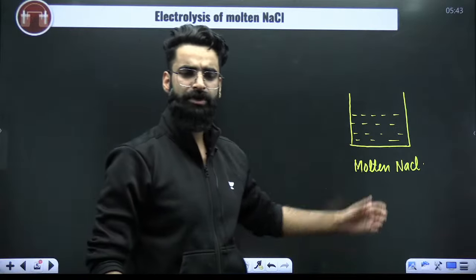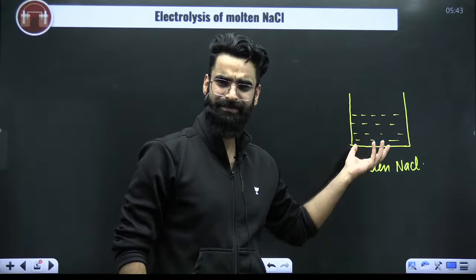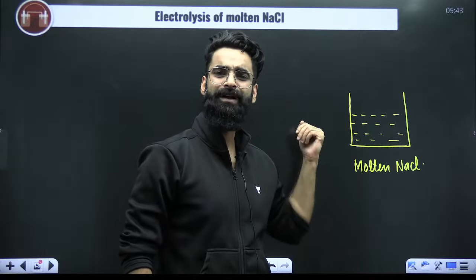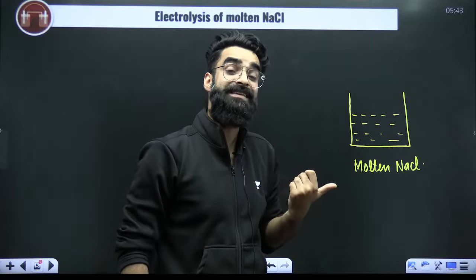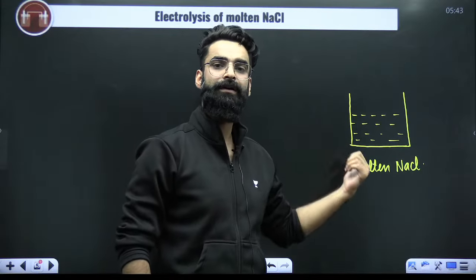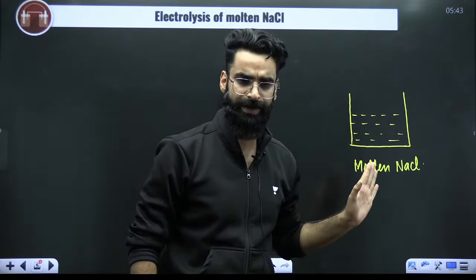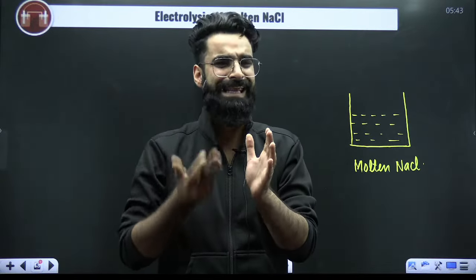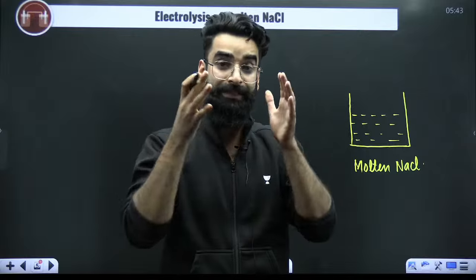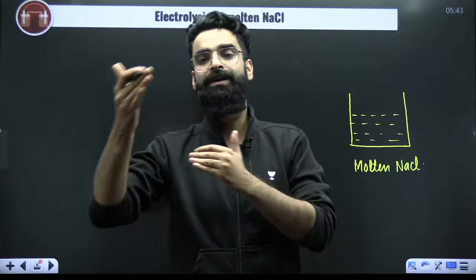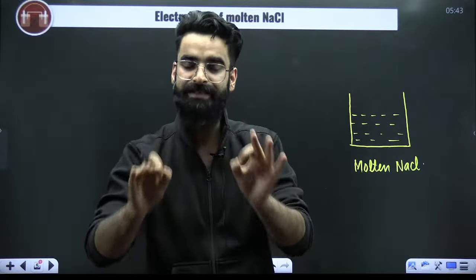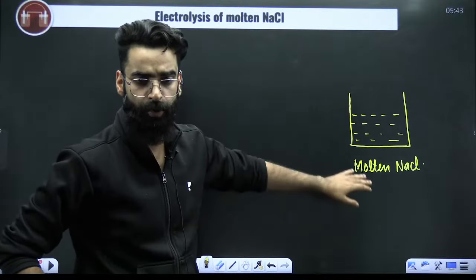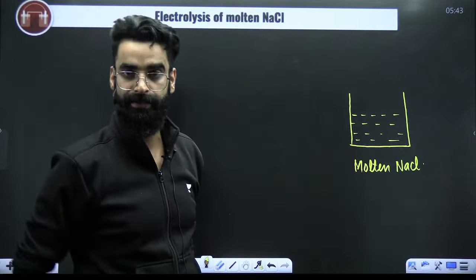Imagine you have taken solid NaCl in the container and you have heated it until it gets converted into liquid. That NaCl liquid is what I call molten NaCl. So I have got molten NaCl in this container.